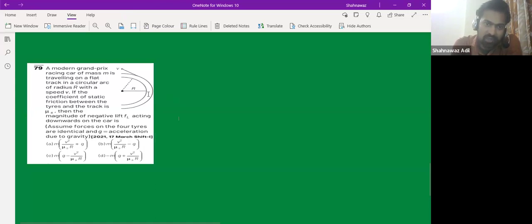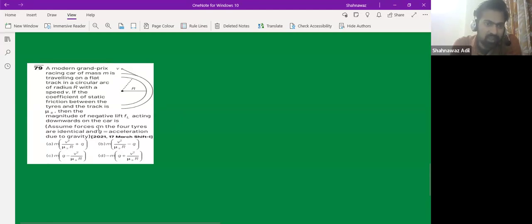So you see that this is the road of this modern Grand Prix. A racing car of mass m is traveling on a flat track in a circular arc. So this is the arc, and the car is moving in the circular arc. If the coefficient of static friction between the tires and the track is mu s, then find the magnitude of negative lift FL acting downwards on the car.